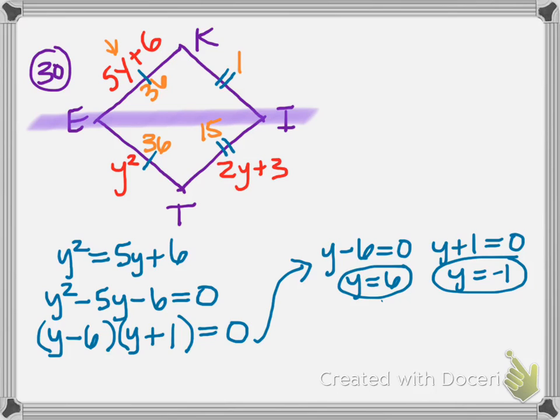And they will both equal 15 because they'll both be congruent. So one perimeter, using y equals 6, is going to be 36 plus 36 plus 15 plus 15, which is 102. There's one perimeter.